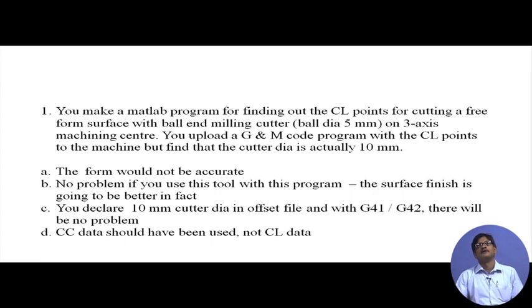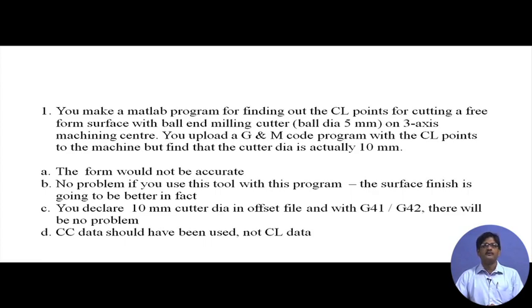So, let us investigate what could be correct. First of all, CC data should have been used, not CL data. This is not correct. We have had quite a good amount of discussion on this. CL data is required. So, D is gone. Next, the form would not be accurate. This seems to be correct, but first of all, let us find out about the others.